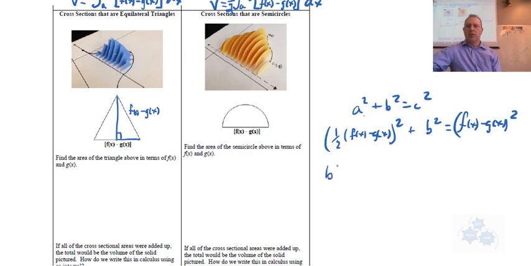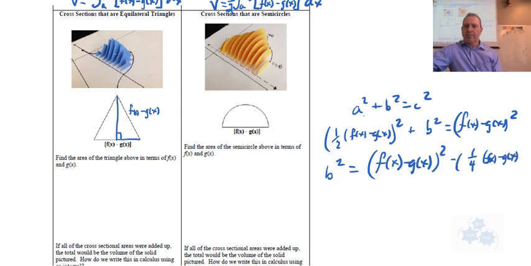Okay. So b squared is going to be f of x minus g of x, all squared, minus 1/4 f of x minus g of x squared. So what do we end up with here?